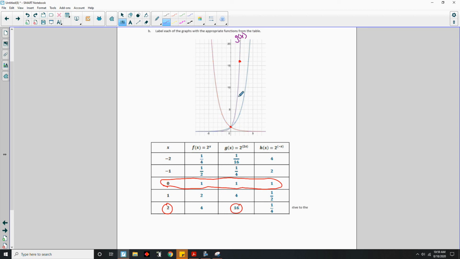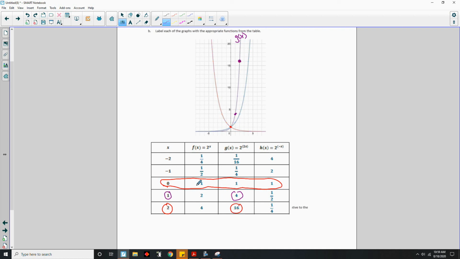And then check other points. Here is the point (1, 8), but that's not on our grid. So if I check this point (1, 4), then I should go over 1 and up 1, 2, 3, 4, and that is right here. So this point here is on g of x.